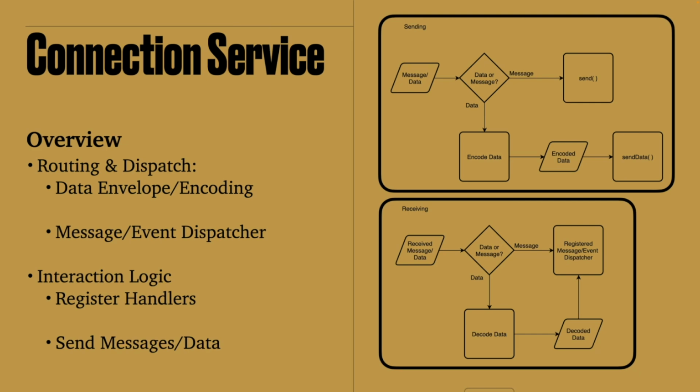And same thing for the receiving. Our message comes in, our delegate function handles it, or rather routes it to where it needs to go, and checks whether it's data or message. If it's a message, it goes right to our dispatcher, right to the delegate function that handles it. Otherwise, if it's data, we've got to decode it first, and then we can pass it on to where it needs to go.